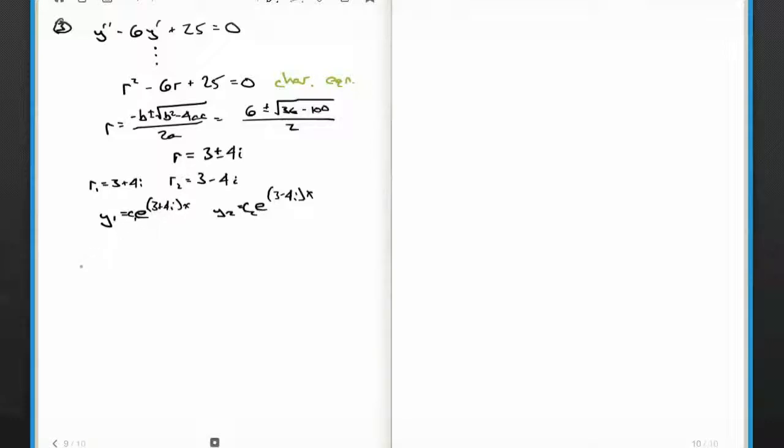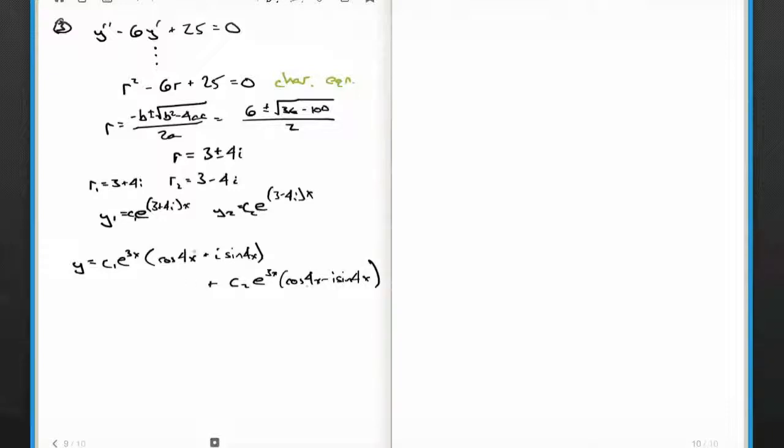So y equals, this will be C1 e to the 3x, and I think you guys covered this in your trig class, times cosine of 4x plus i sine of 4x, plus C2 e to the 3x, and then this will be cosine of 4x minus i sine of 4x.